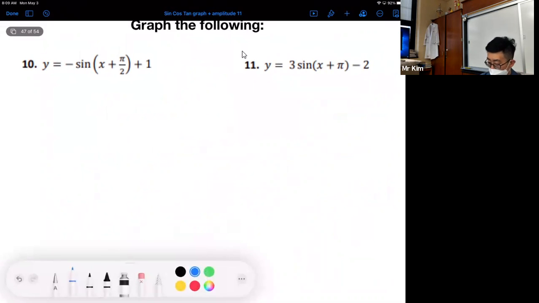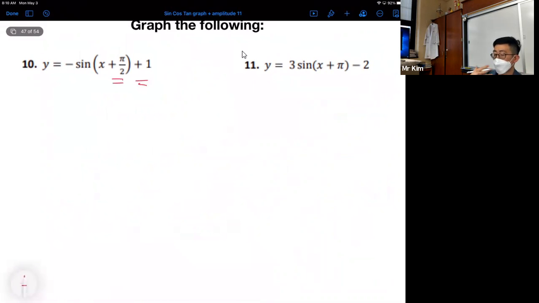Now, I am putting on the transformations for the vertical shift as well. And now this one contains everything: the vertical shift, amplitude, and the horizontal shift coming into play. What do we do in those types of situations?